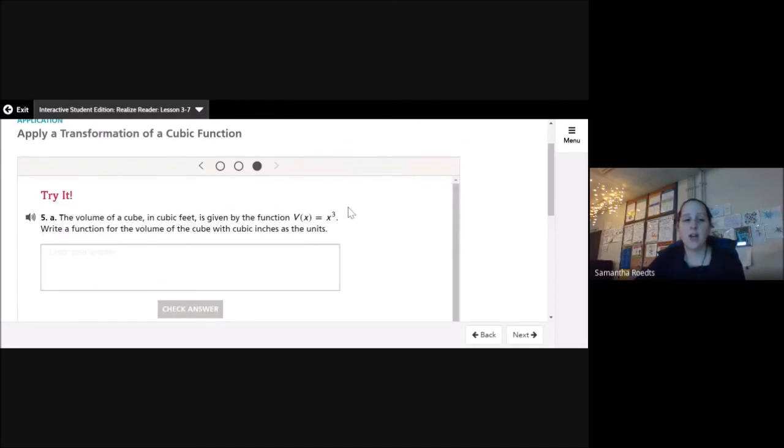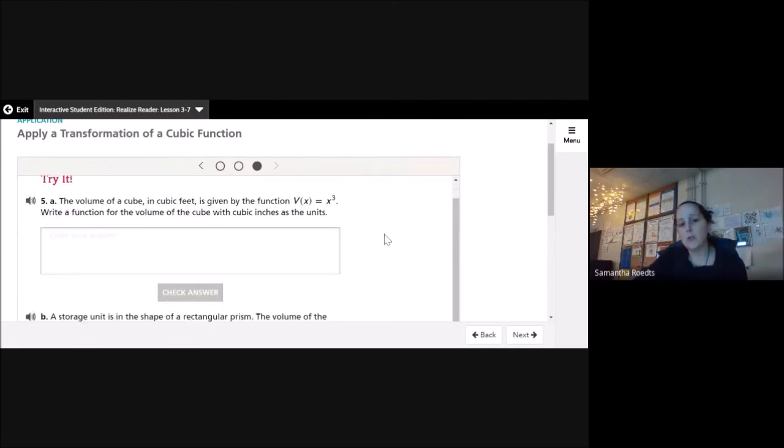All right, so let's try it out. The volume of a cube in cubic feet is given by the function v of x equals x cubed. Write a function for the volume of the cube with cubic inches as the units. So I'm going from feet to inches. There are 12 inches in 1 foot.